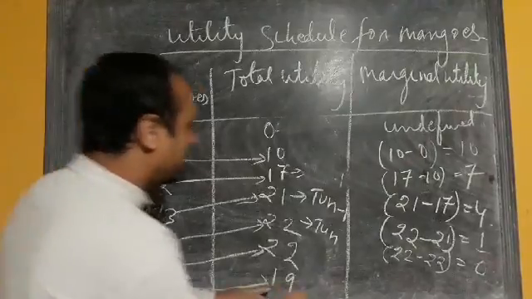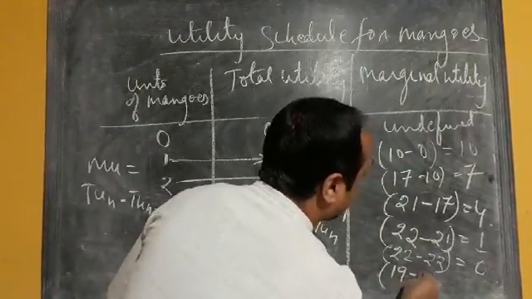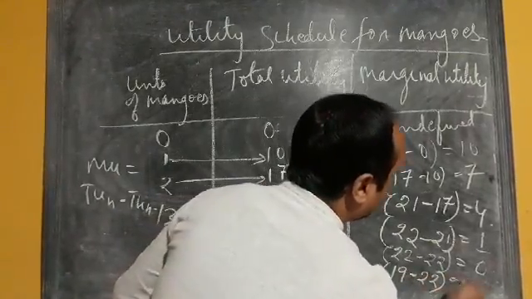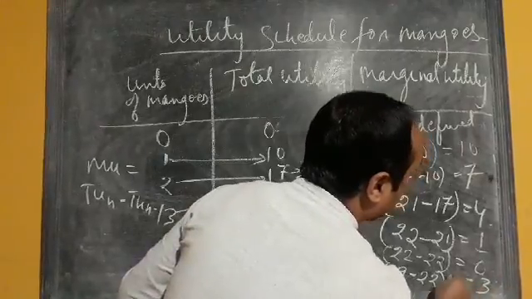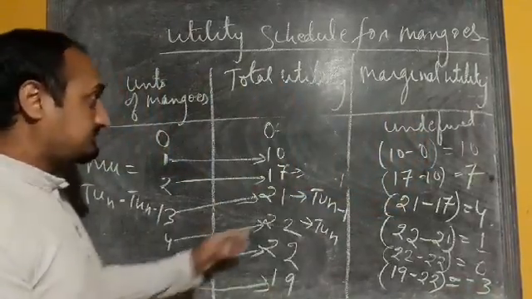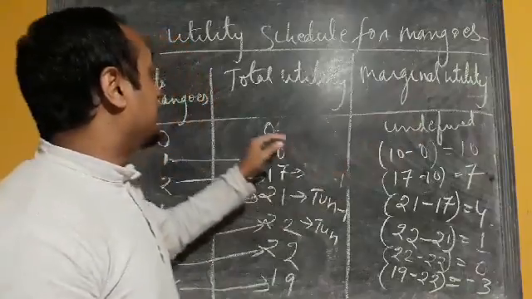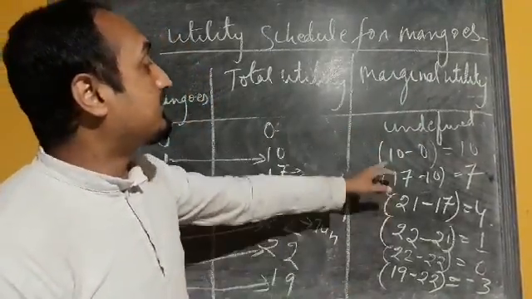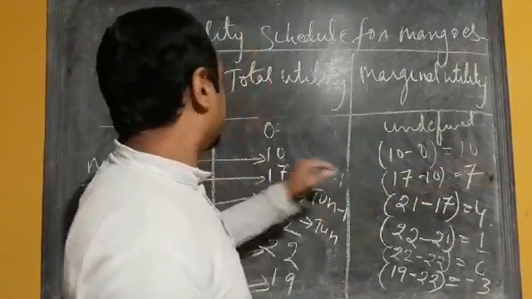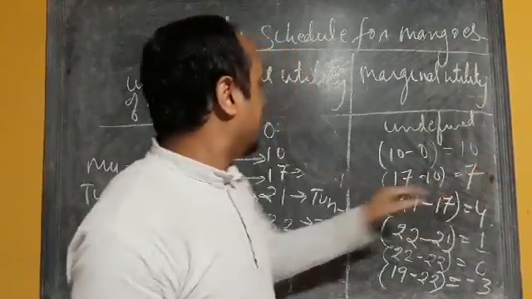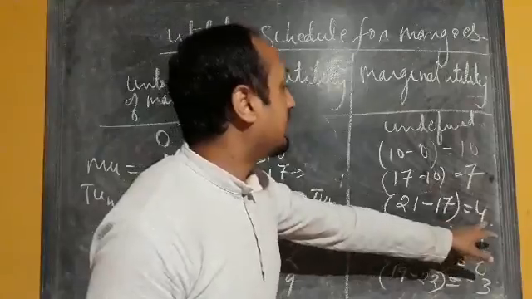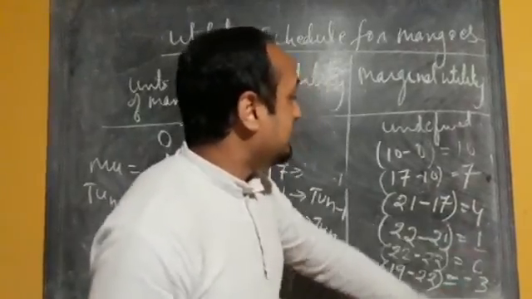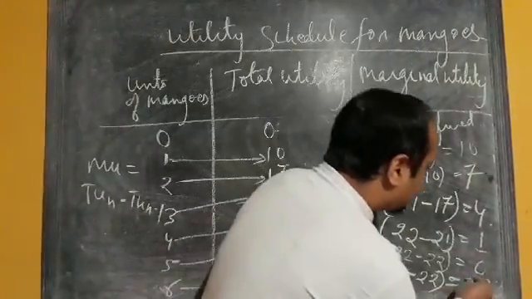And for the sixth one, we have 19 minus 22, which gives minus 3. So what we can see is the marginal utility derived from each additional unit of commodity: in the first unit of mango we have 10, in the second unit 7, third unit 4, then 1, 0, then minus 3.